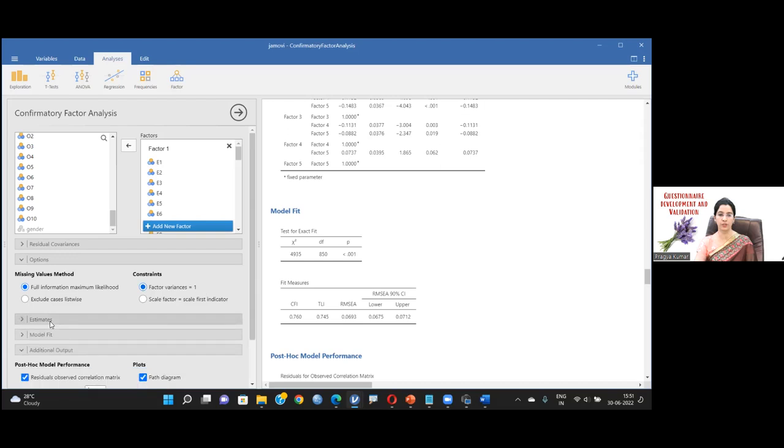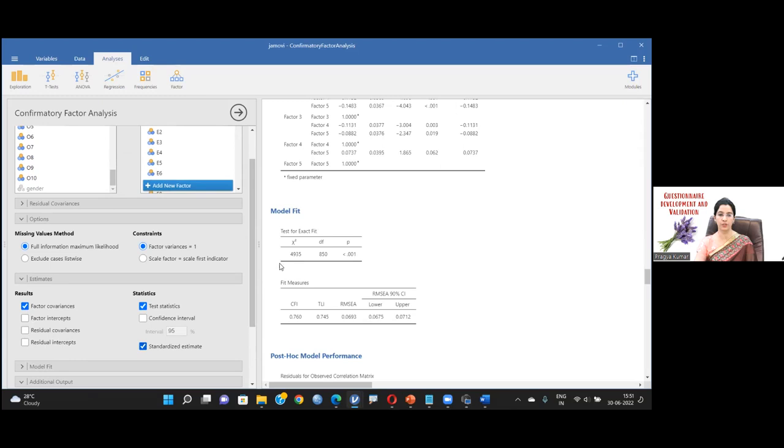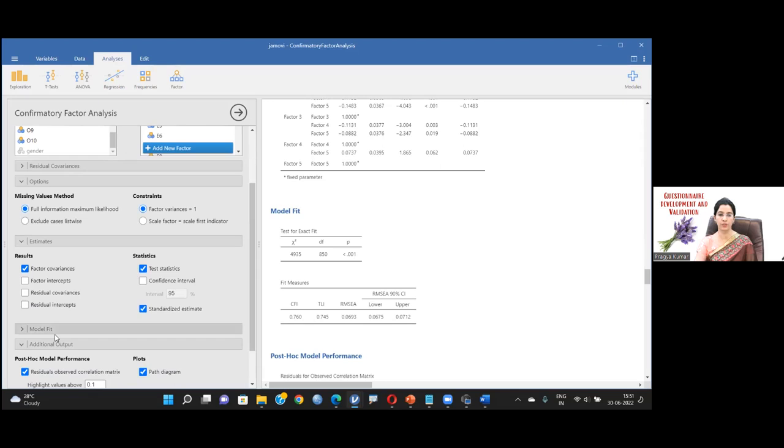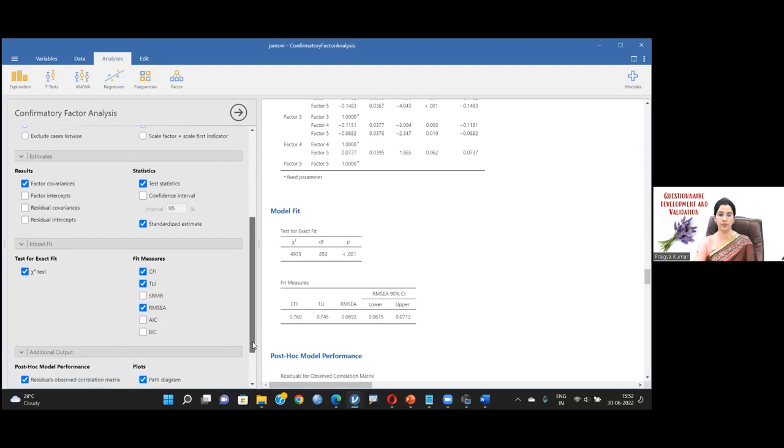Then come to estimate. In estimate, we are interested in this factor covariances and the standardized estimate that we have shown. Then come to the model fit. In the model fit, you have the chi-square test, the CFI, TLI, and RMSEA.